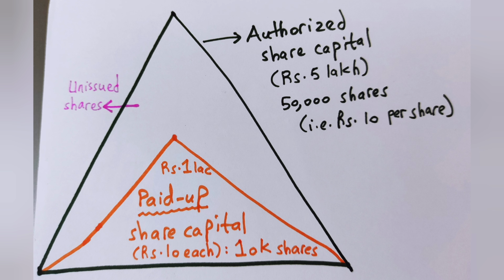Now, in order to understand the difference between authorized share capital and paid up share capital, let's look at an example. In this picture, you can see that a triangle is drawn, the first triangle in black, and then there's another triangle drawn in orange. The first triangle that I'm going to talk about is the black one, which represents authorized share capital.